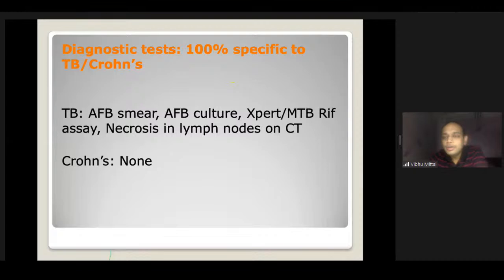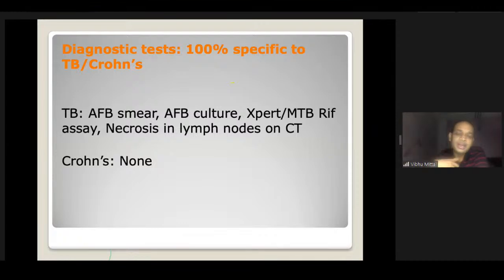Well, the good point is, are there any 100% specific tests to diagnose TB versus Crohn's? For Crohn's, unfortunately, no, none. There is no single test or even a combination of tests by which you can say with 100% confidence, or in other words, 100% specificity, this is Crohn's.